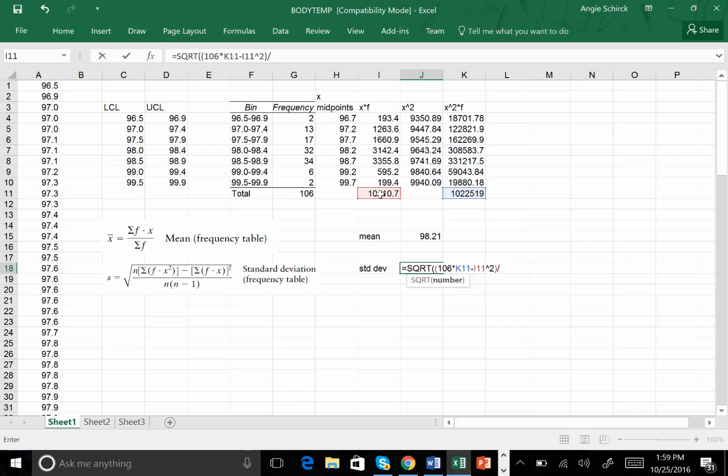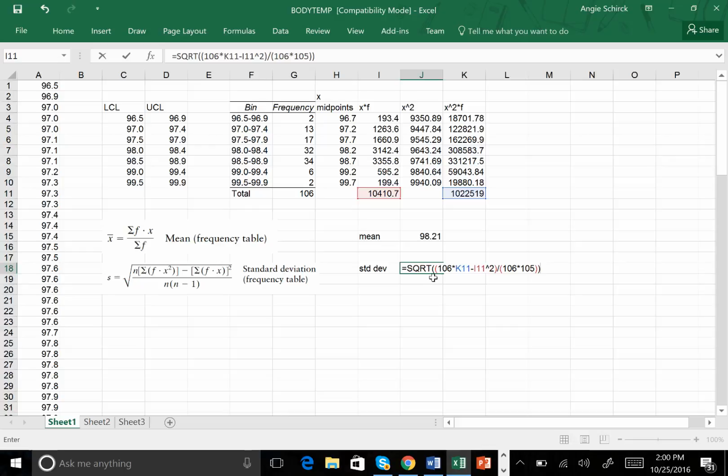We're going to divide and open a parenthesis for the denominator. The denominator is n, which is 106, times n minus 1, which is 105. Close off that parenthesis, and then one more parenthesis to close off the original starting parenthesis for the square root.